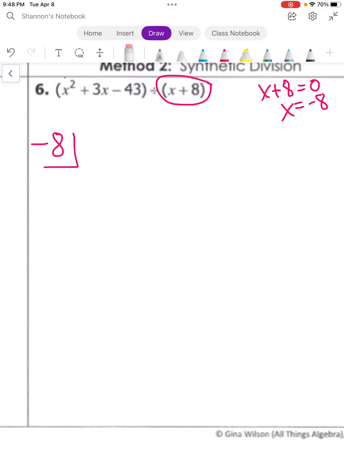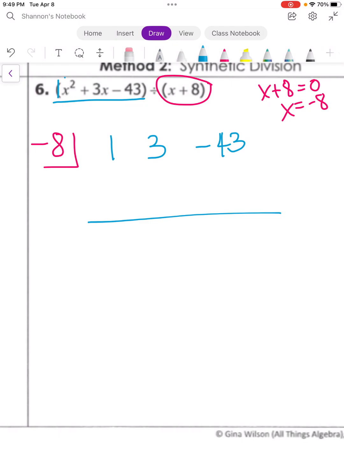Those numbers are your coefficients from the part that you're actually dividing. So like 1x squared plus 3x minus 43, I'm just using the coefficients. So 1, 3, and negative 43.